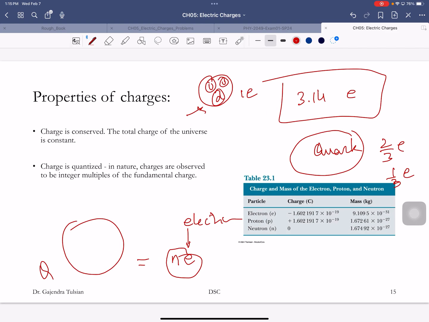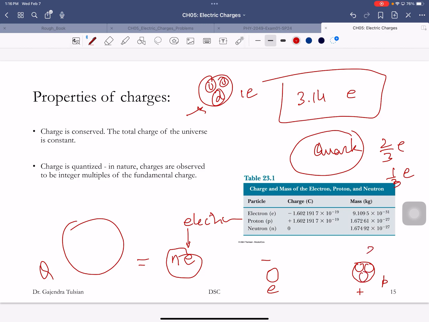So for all particles that we see, the charge is always an integer multiple times the electron charge. Now, here's a very interesting table. Here's an electron, and as far as we know, an electron has no substructure. Here's a proton. It's got a positive charge, this got a negative charge. A proton is made out of quarks.